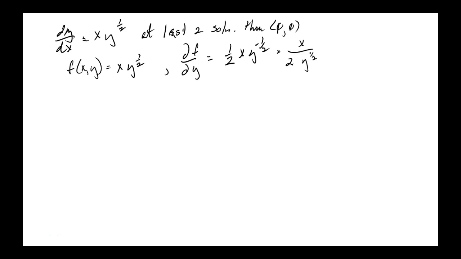It shows that they are continuous in the upper half plane defined by y greater than 0. The theorem enables us to conclude that through any point x0, y0, as long as y0 is greater than 0 in the upper half plane, there is some interval centered at x0 on which the given differential equation has a unique solution. Thus, for example, without even solving it, we know there exists some interval centered on 2, y2, I'm not sure, on which the initial value problem does exist.